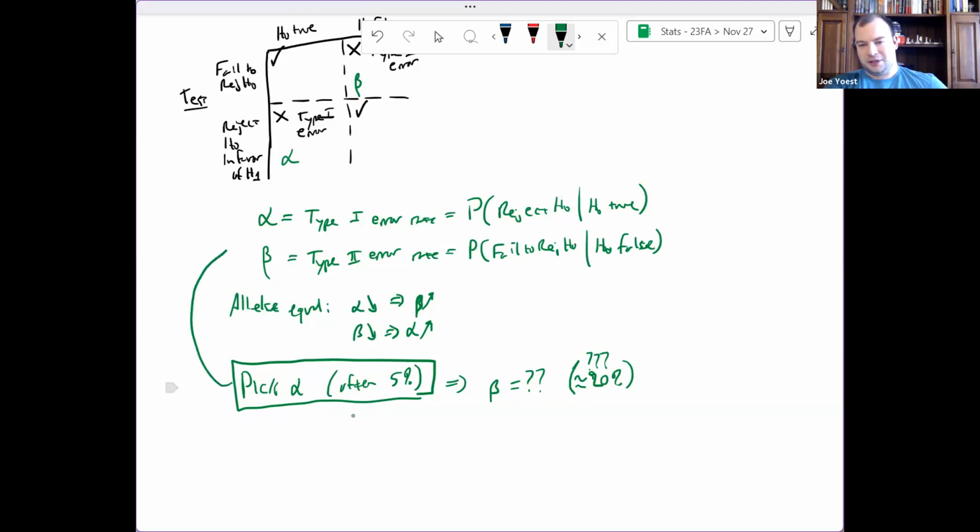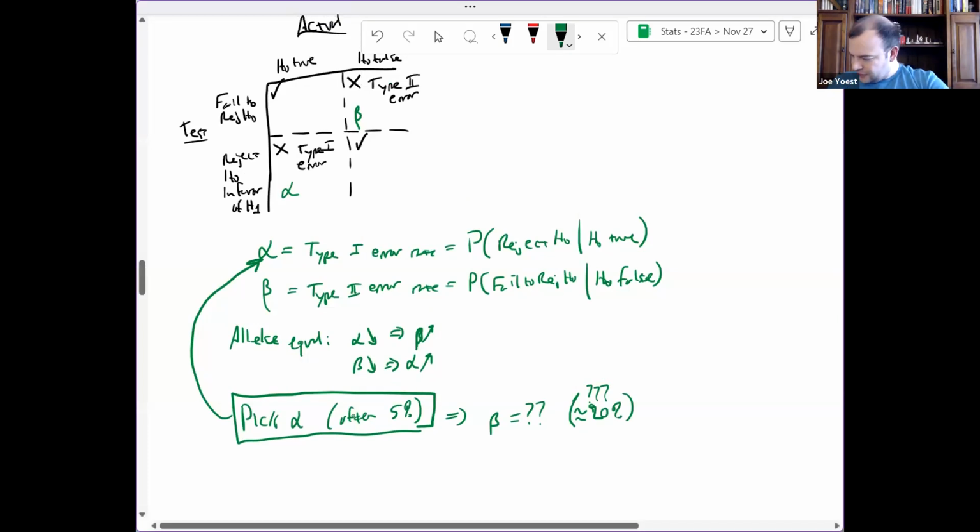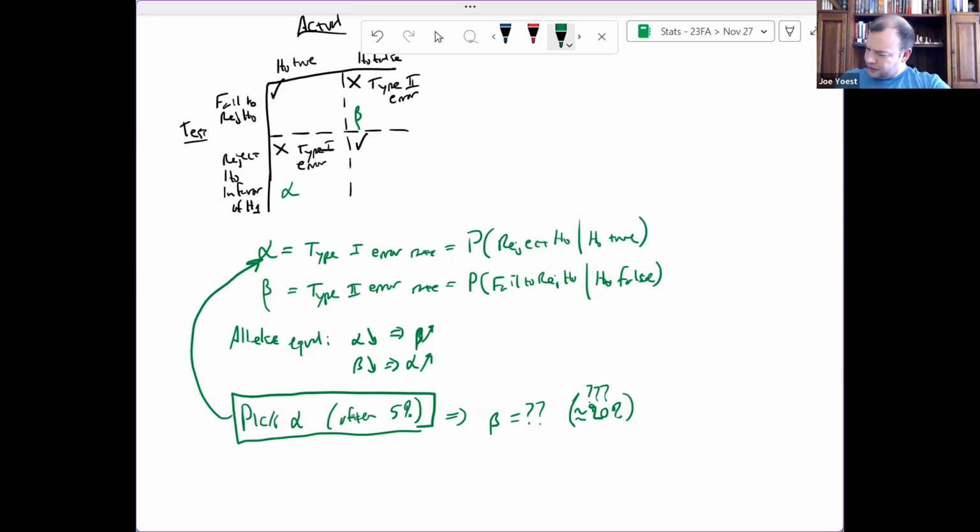So we're controlling the type 1 error rate in our hypothesis test setup, and we're letting the type 2 error rate fluctuate to be whatever it ends up being for that type 1 error rate. Okay, I think that was all that I wanted to say on that point.